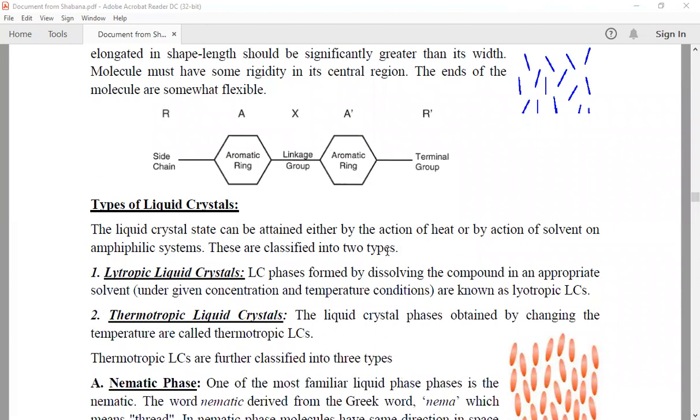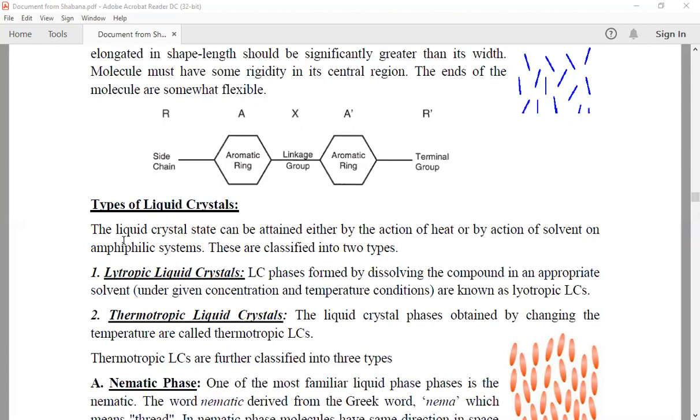Coming to the types of liquid crystal. A liquid crystal can be attained either by the action of heat or by the action of a solvent on an amphiphilic system. Amphiphilic means both hydrophilic and hydrophobic parts are present in one system.